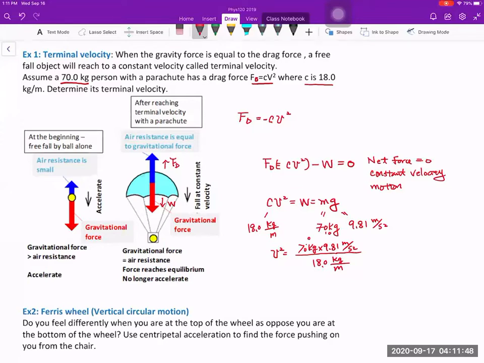These all have 3 sig figs. When you do a multiplication or division, you take the minimum number of sig figs, which in this case is 3. Let me just quickly punch the number. 70 multiplied with 9.81 divided by 18, I got 38.15.